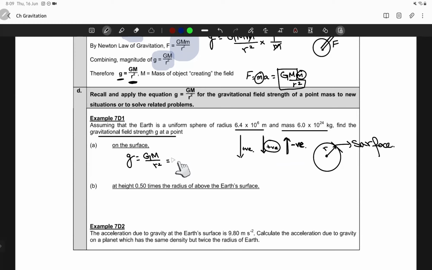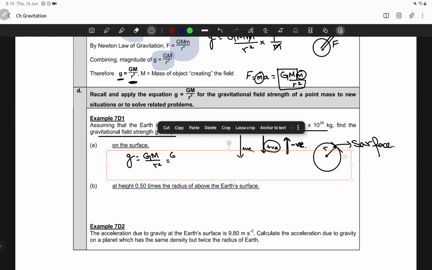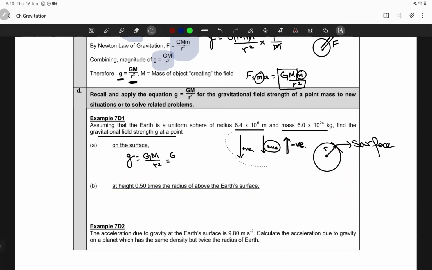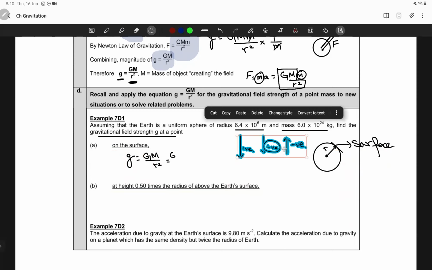So now we just have to put in the values. This G is a constant that's given to you in your paper. Let me make these things small, or move them around, so that I have more space.